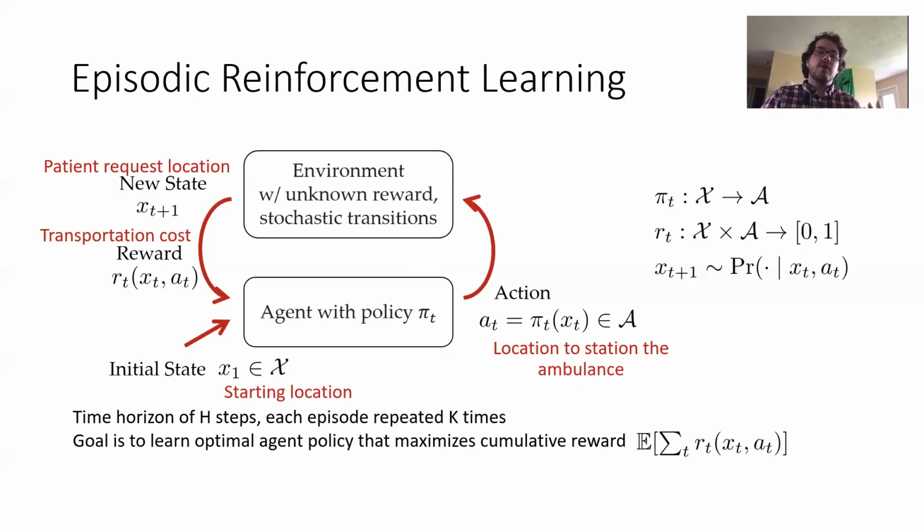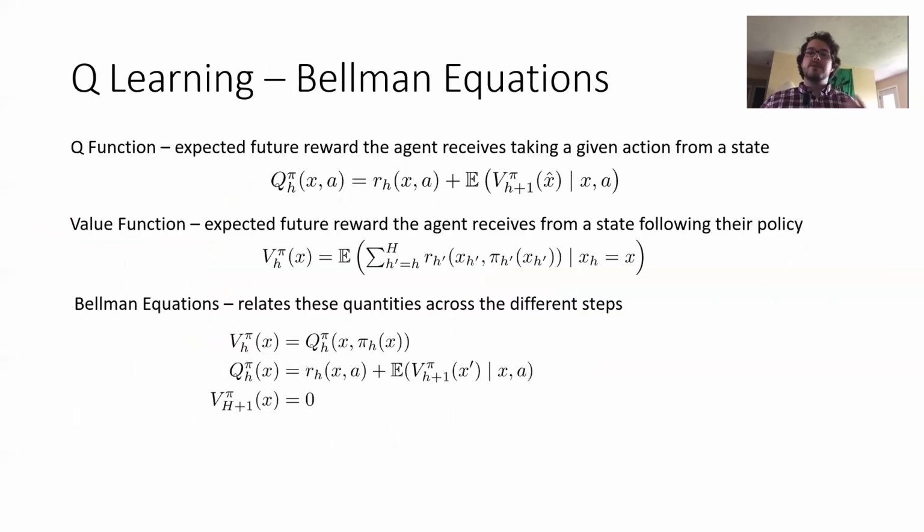The goal in general reinforcement learning setups is for the agent to learn a policy that maximizes their cumulative reward. Common to a lot of these reinforcement learning tasks are the Q function and value functions and the Bellman equations that relate them. The Q function is defined to be the expected future reward that the agent receives taking a given action from a state.